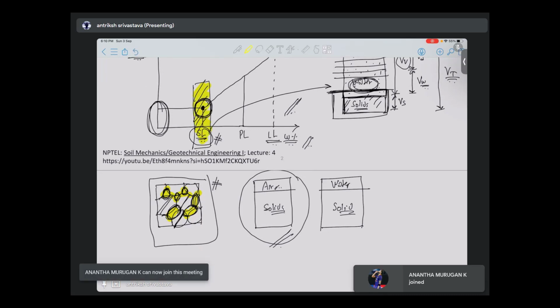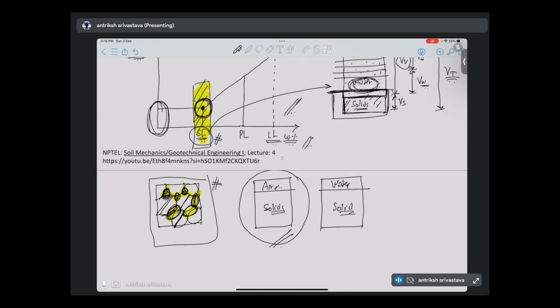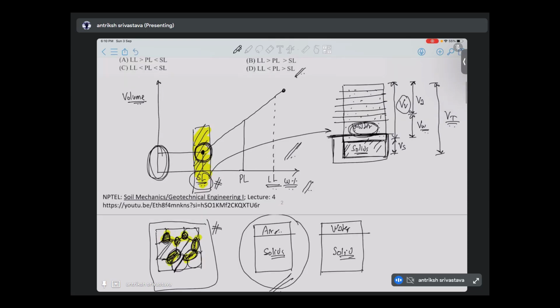All the voids are still filled with water, but only in these small voids that the grains cannot occupy is the water available. Water is not anywhere else. It is not contributing to the volume of the total soil. This will be useful in our further questions. That's why I told these things.